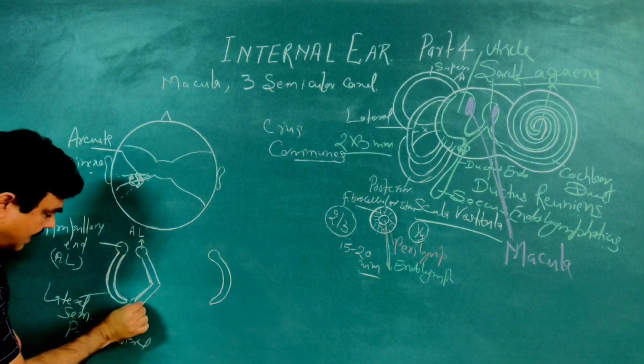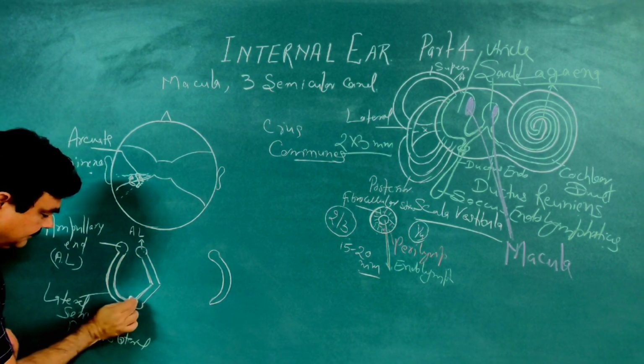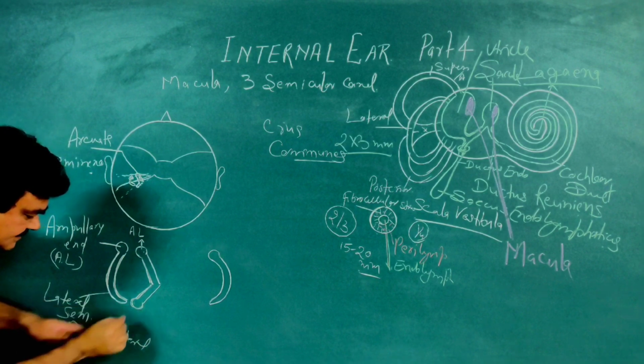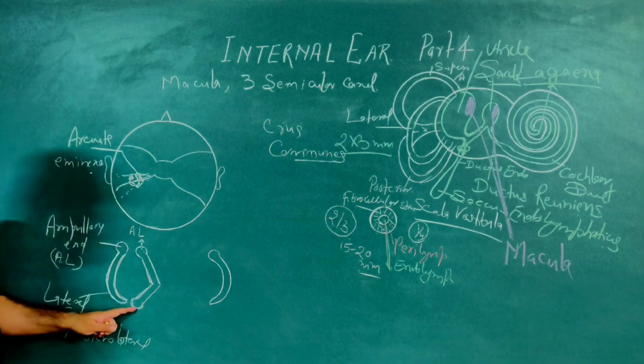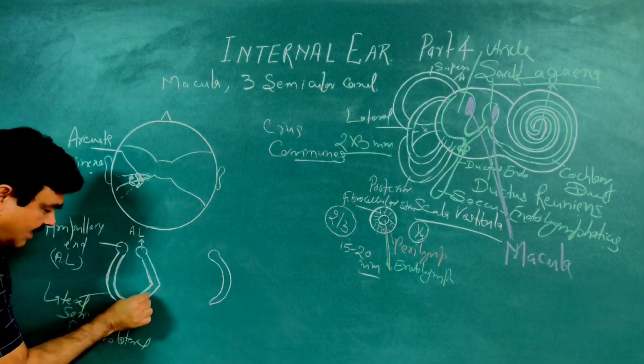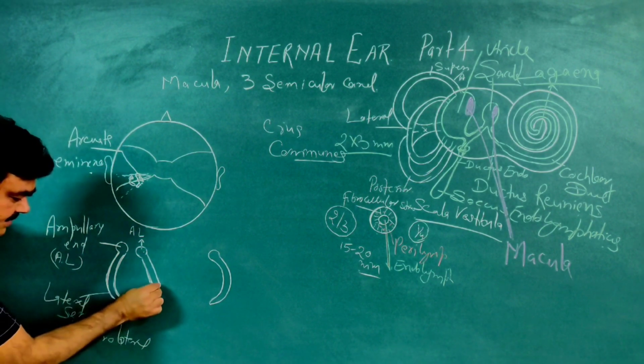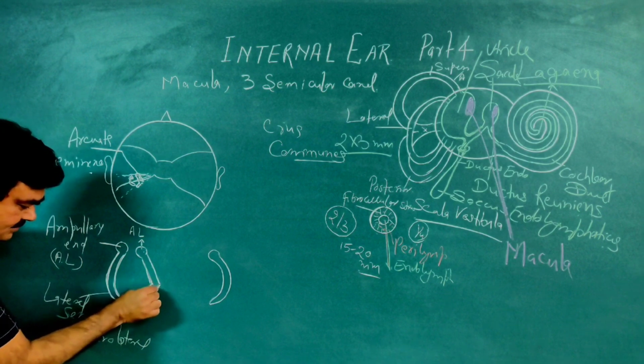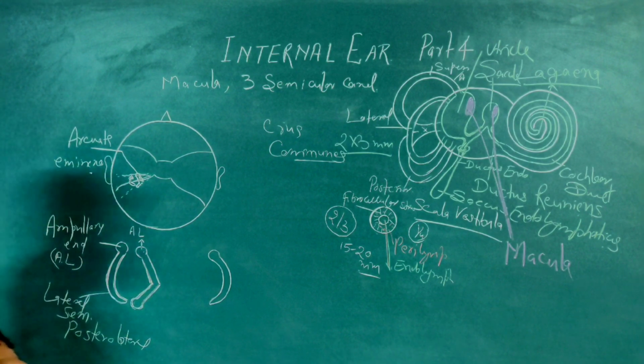And here is the dilated end, the ampullary end. Direction is downward, below. And the direction of this convexity is backward.